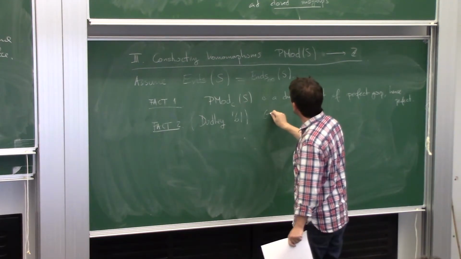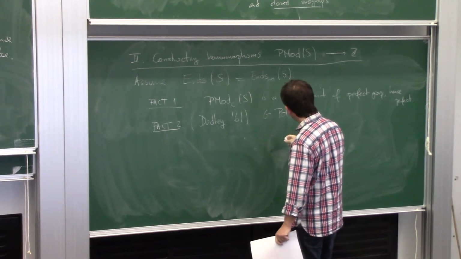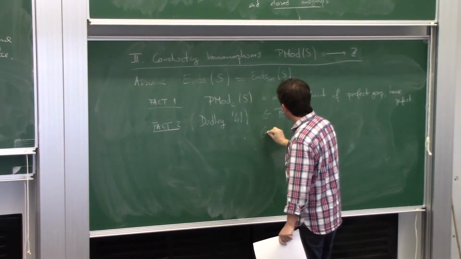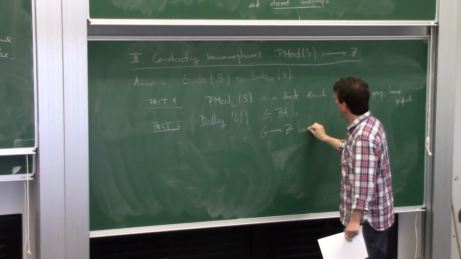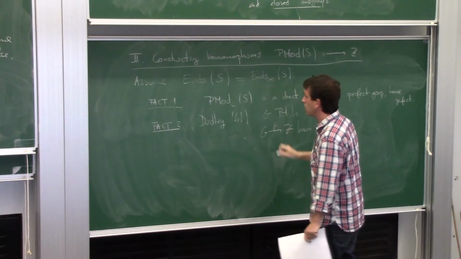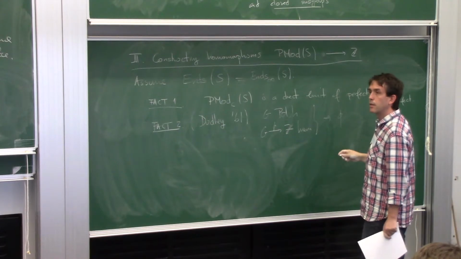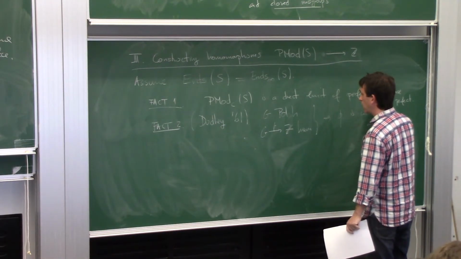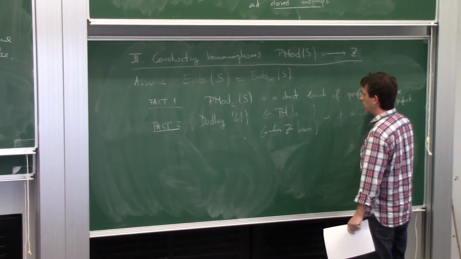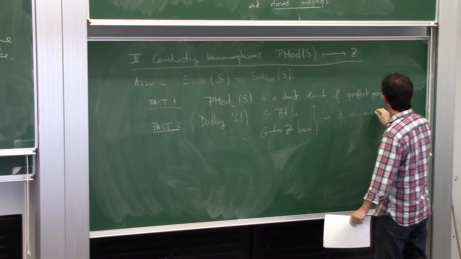If you have a Polish group G and a homomorphism from G to Z, called phi, this implies that phi is continuous. Is Z in the discrete topology? Yes.